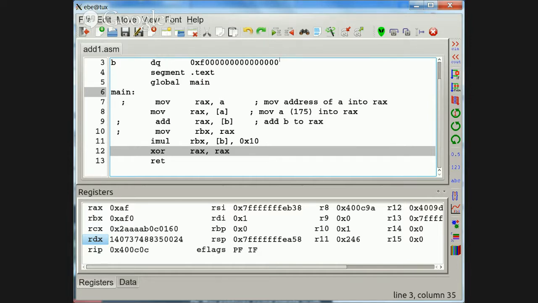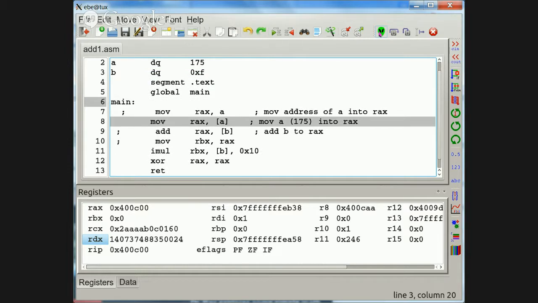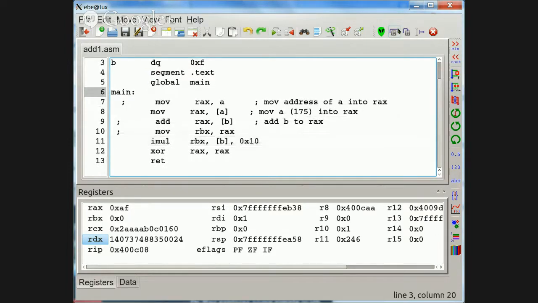Let's try multiplying B, which is going to have a hexadecimal F, or 15 in it. So we get F0. So yes, now we got 15 times 16, which is 240, I guess. A cheap thrill.